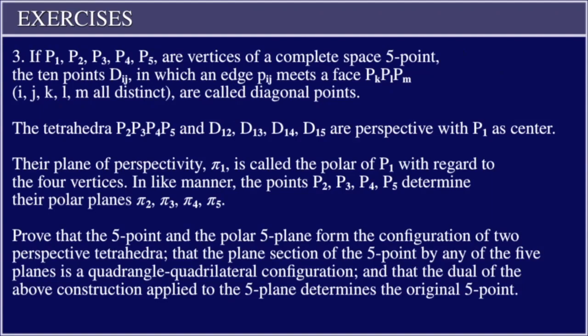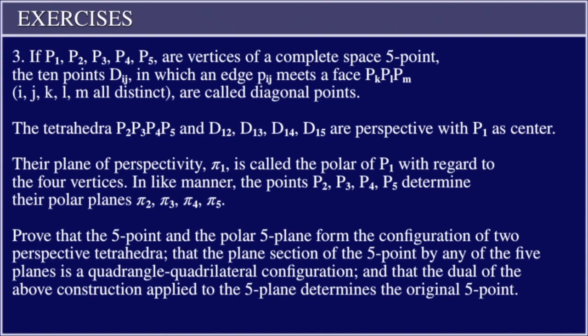3. If P1, P2, P3, P4, and P5 are vertices of a complete space 5-point, the 10 points Dij, in which an edge Pij meets a face PKPLPM, IJKLM all distinct, are called diagonal points.